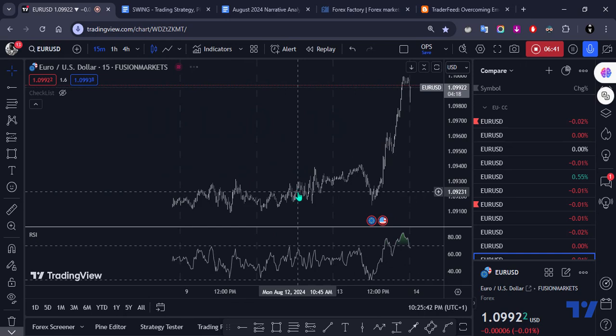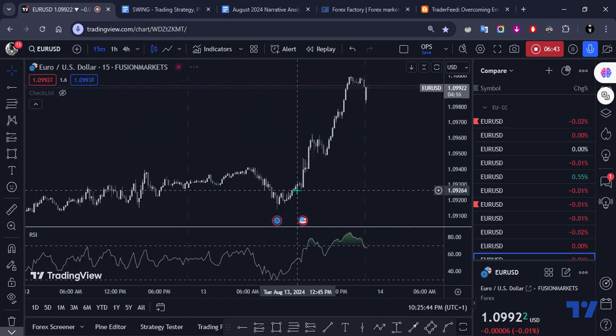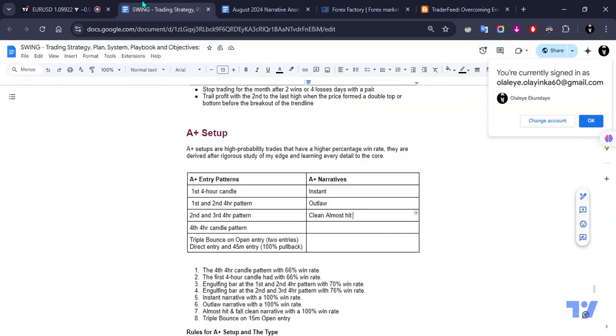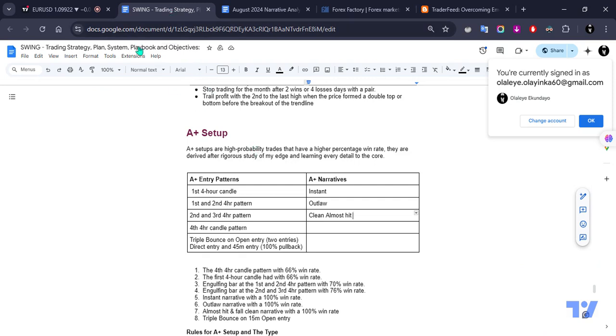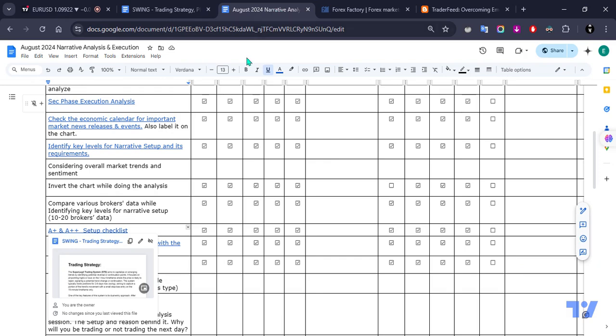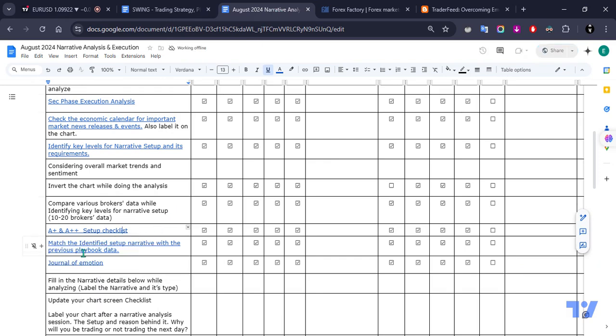I don't think I've even encountered instant this year. I'm not sure, but there's no A plus setup here. Match the identified setup narrative with your previous data.